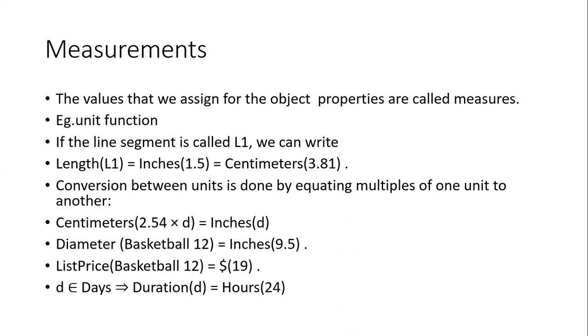For converting inches into centimeters we use the formula 2.54 times D. The diameter of the basketball is 12, which means in inches it will be 9.5. So we can say a day D belongs to Days if and only if the duration of D is 24 hours.